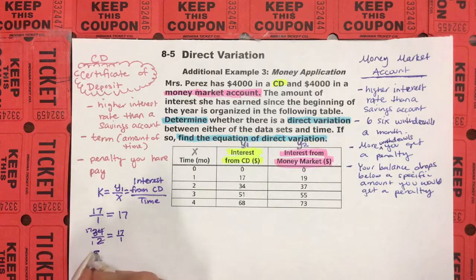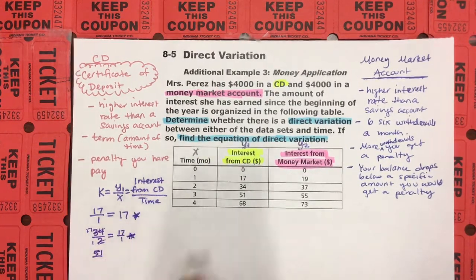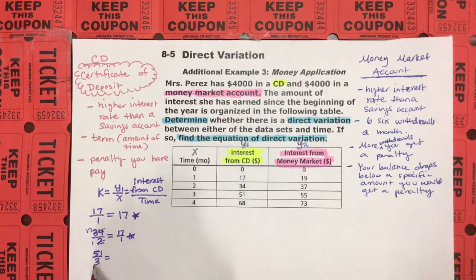Awesome. Okay, let's look at the next one. It's 51 over 3. Does 3 go into 51? I don't know. 5 plus 1 is 6. 6 is divisible by 3, so that means 51 is divisible by 3. How many times does 3 go in there?